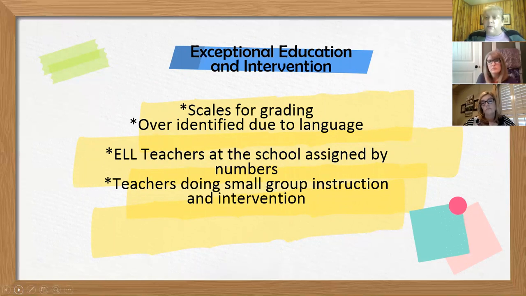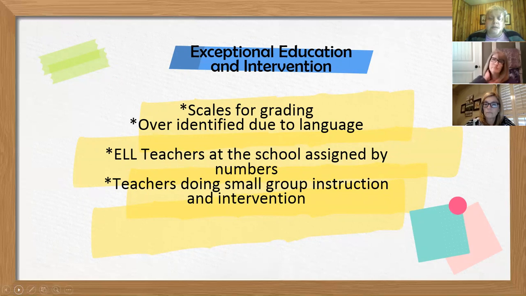And we have scales that we can use for intervention and to help them as they go through the school years. But one thing we found out was that a lot of times these students are over identified for special education services because their language hasn't caught up with them academically.